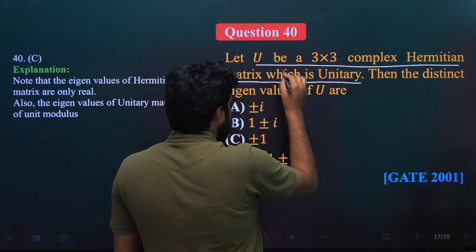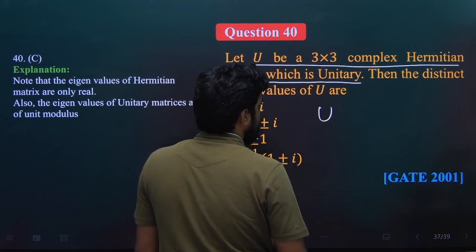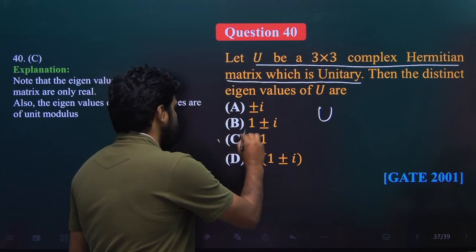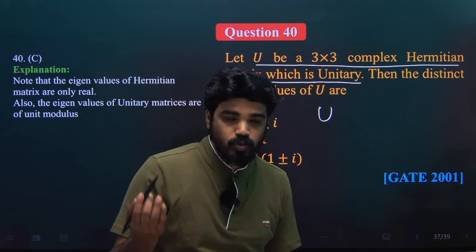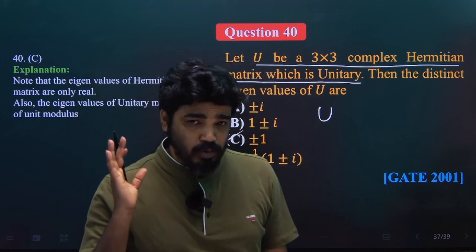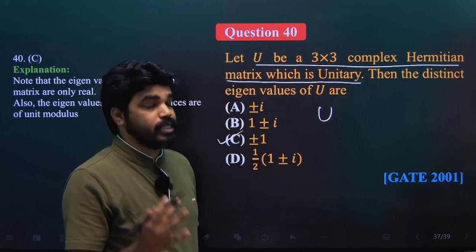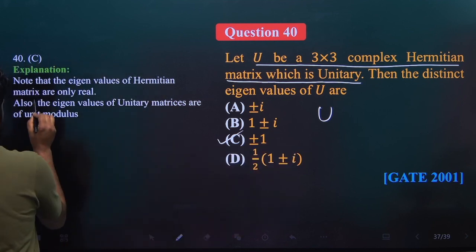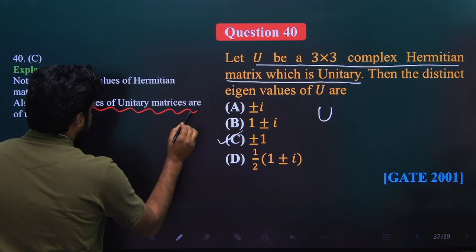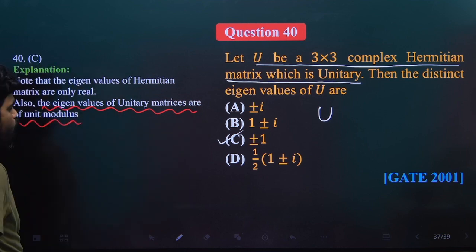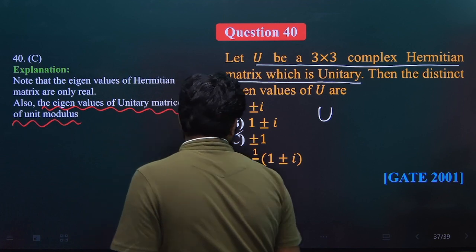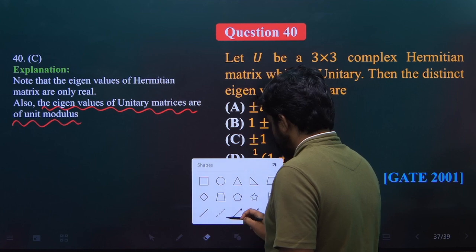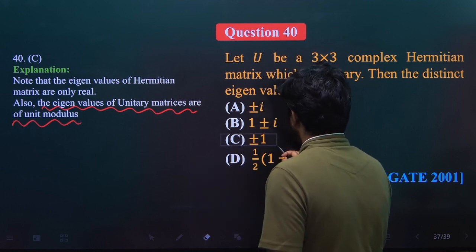Then the distinct eigenvalues of A are ±1, because the eigenvalues of a unitary matrix are of unit modulus, so option C is the correct answer.